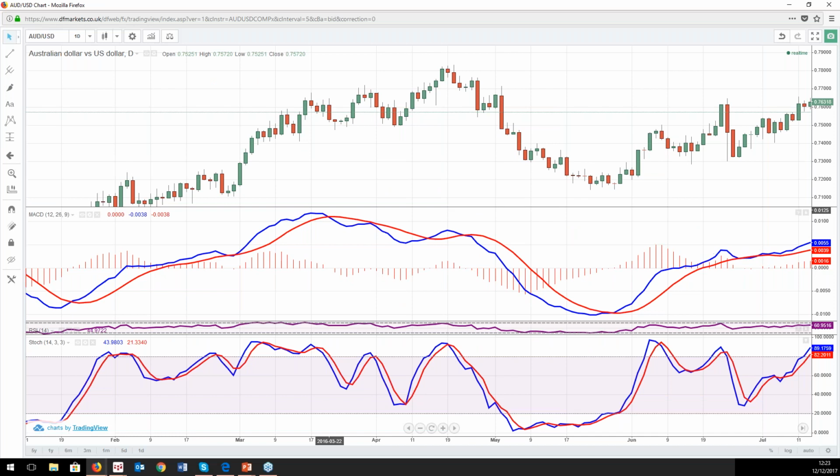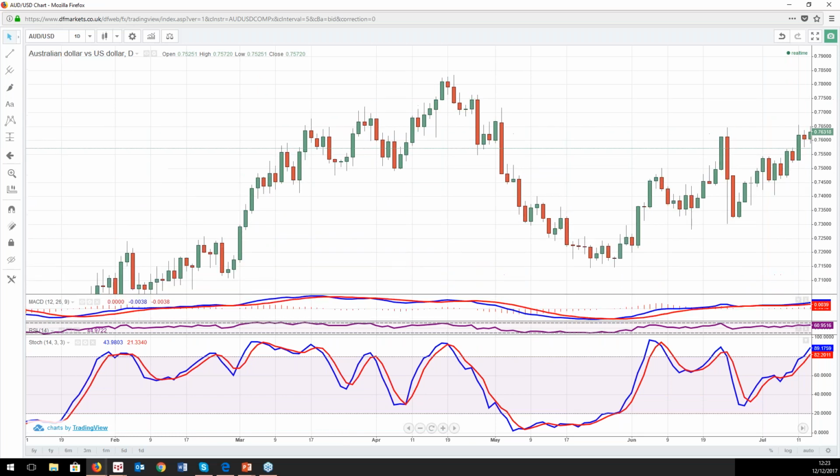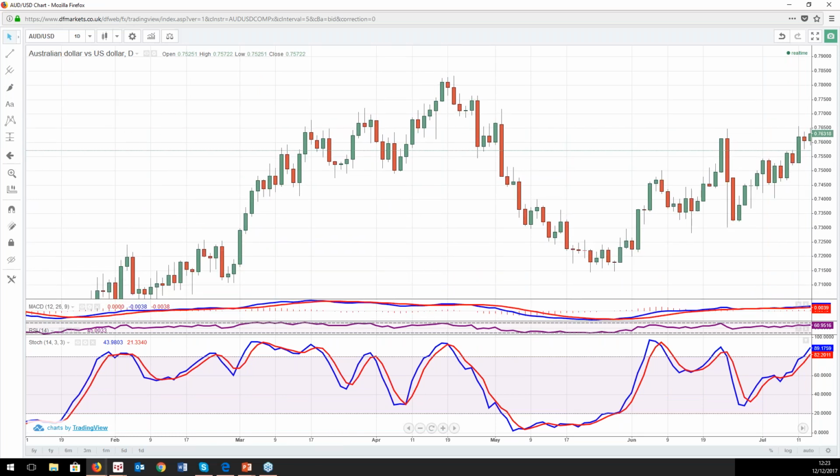MACD can go as high as you like or as low as you like, depending on if the market continues to trend. Those lines will continue to blow out and continue to get higher and higher readings. Slow stochastics cannot go above 100. What slow stochastics introduces into the equation is this idea of markets being overbought or oversold.